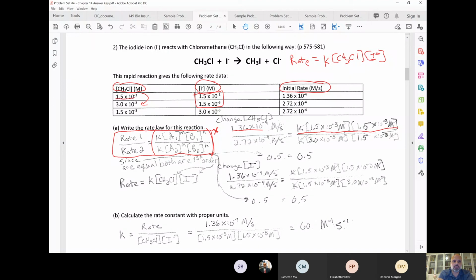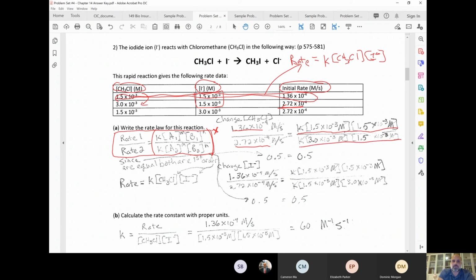All I did was take all of this data from the very first line and put it into the rate equation up there. And then I have the exact same thing for line 2, the initial rate, and then k times those concentrations for that second line.